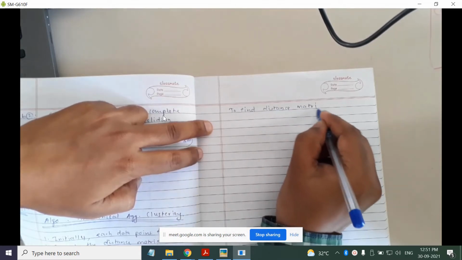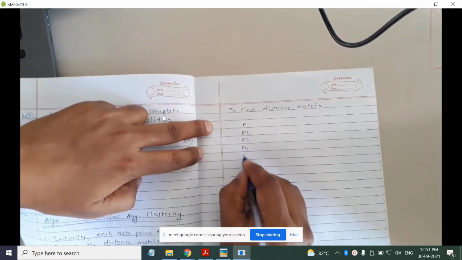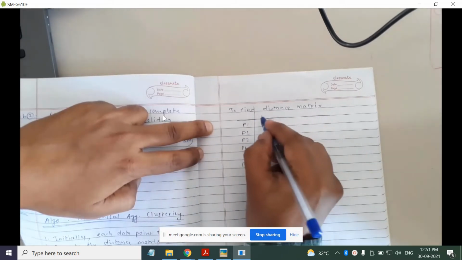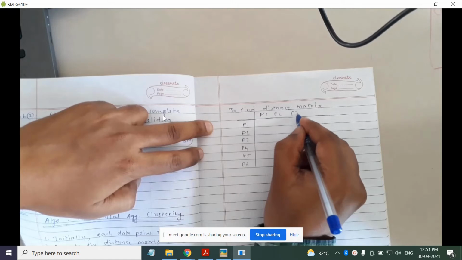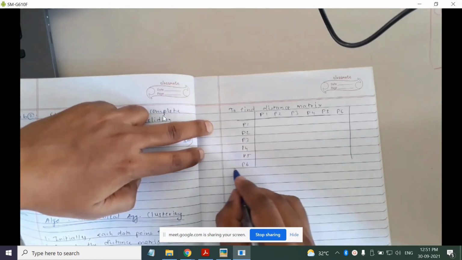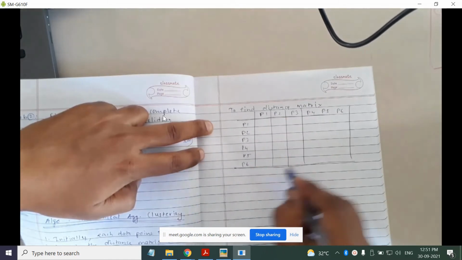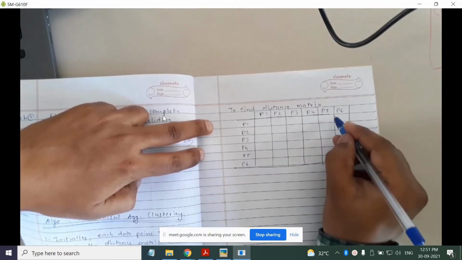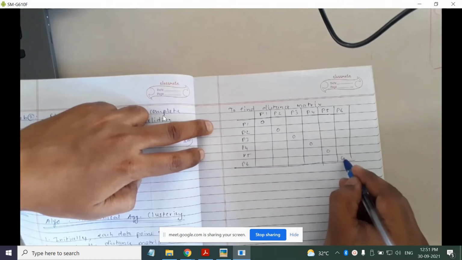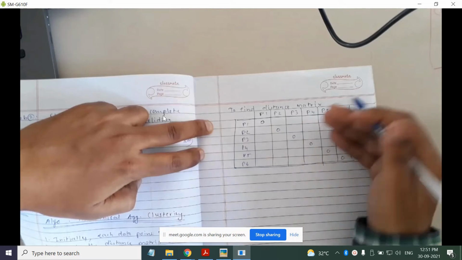In the distance matrix we have every possible combination: P1, P2, P3, P4, P5, P6. We know that the distance between a point and itself is 0 and it is a symmetric matrix, so we will not fill the upper triangular matrix.